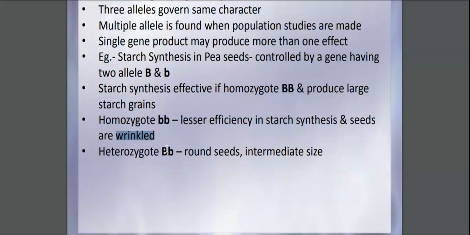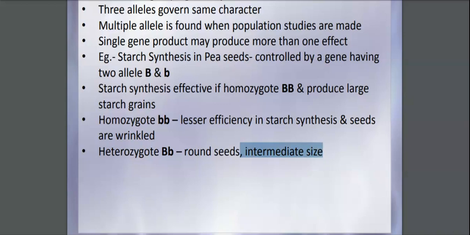So you can see here two effects being controlled by the same gene. In the heterozygote, capital B, small b, the seeds are also round, but they have intermediate size and intermediate starch synthesis.